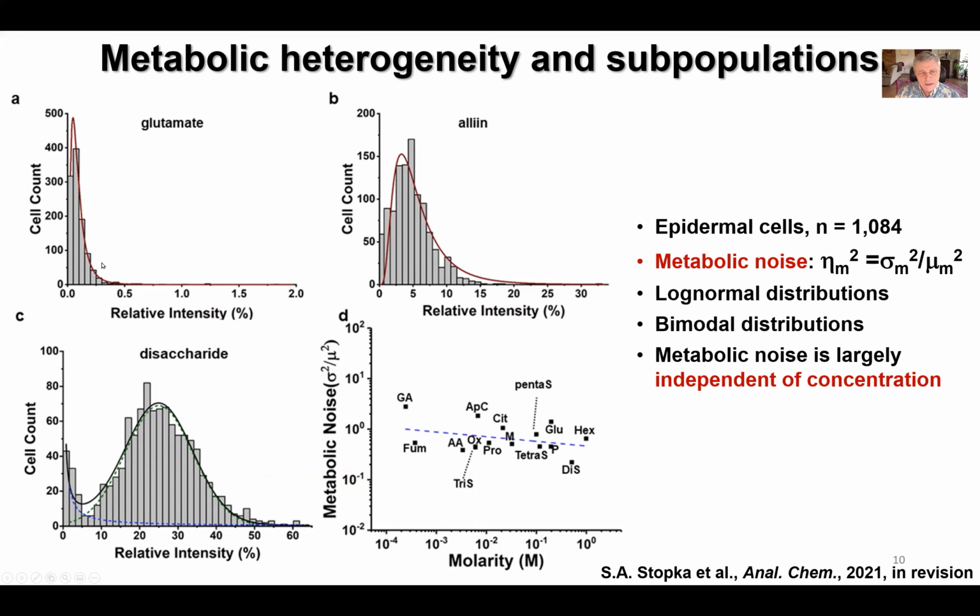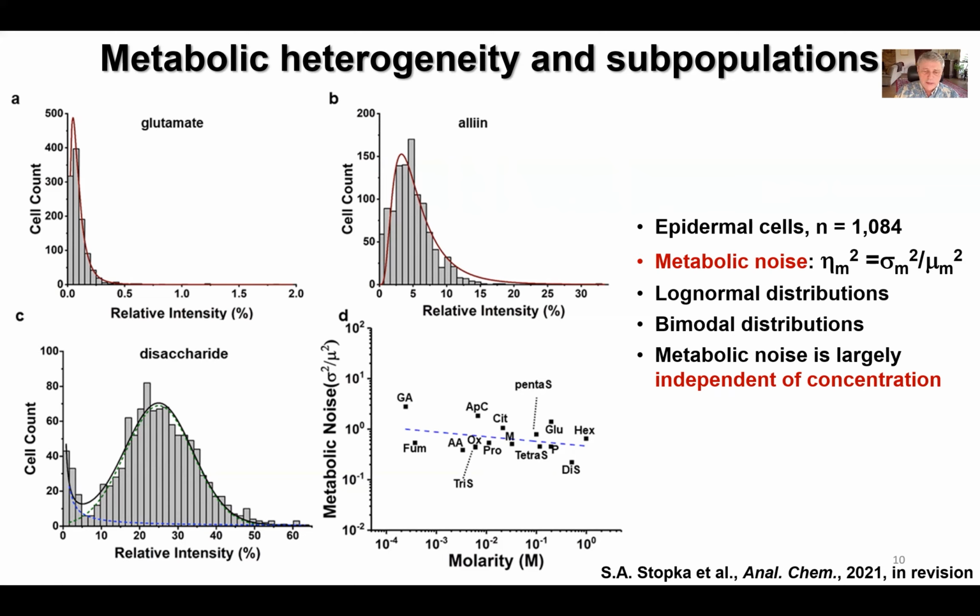To characterize the unimodal distributions, we have introduced this concept of metabolic noise, which is really characterizing the width of these distributions in relation to the mean value. So you can see the definition over here.